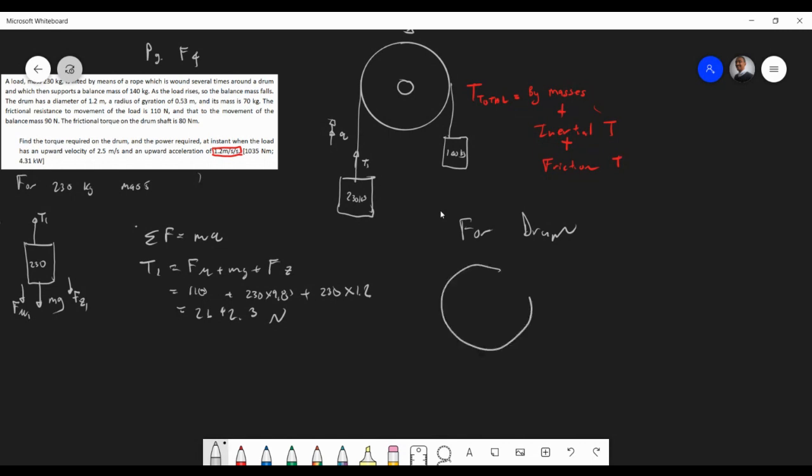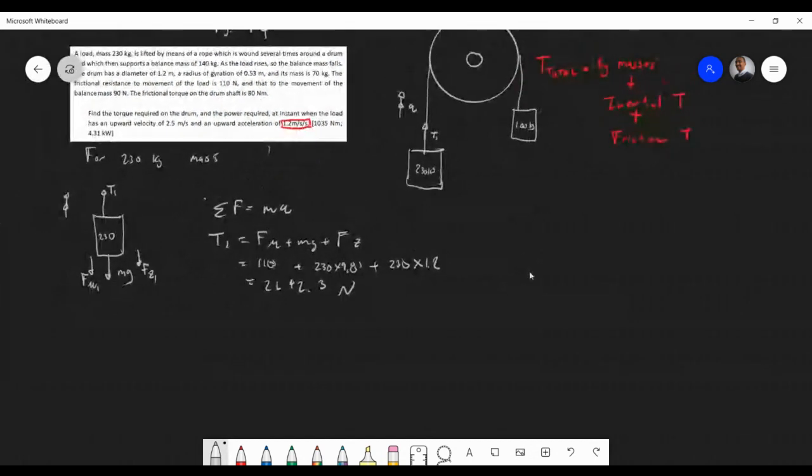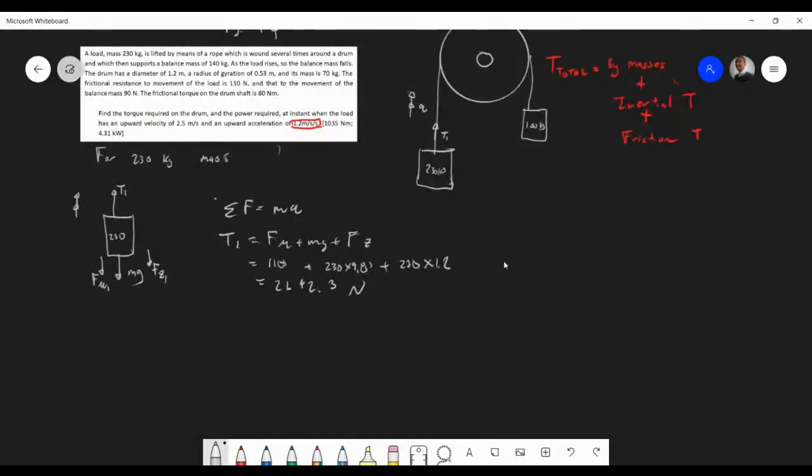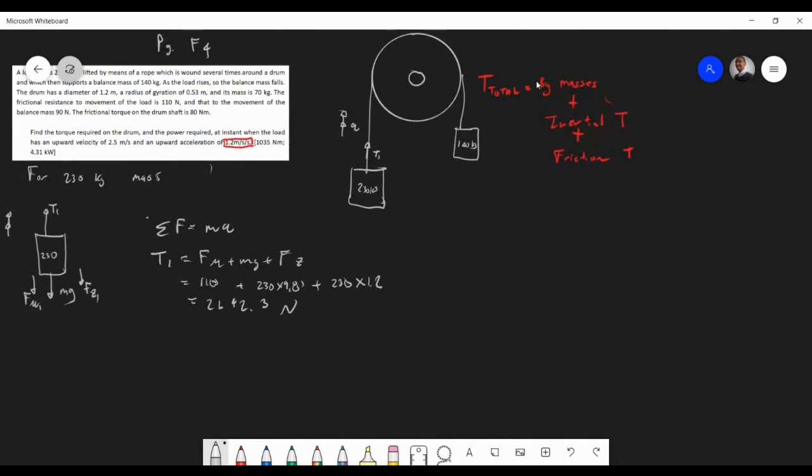Before we get to the drum, like I said, the first thing is we look at all the linear parts, because we first want to find the torque by the masses. So we're going to say now for the 140 kilogram mass.